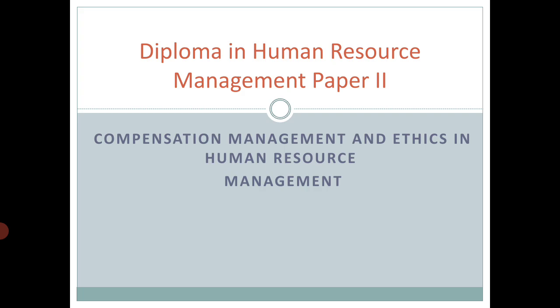Paper number 3 is entitled Practical Ones, which is classified into 3 parts. The first part is the project report, for 40 marks. Then viva voce, for 30 marks, where you will prepare for an oral examination based on the project report.